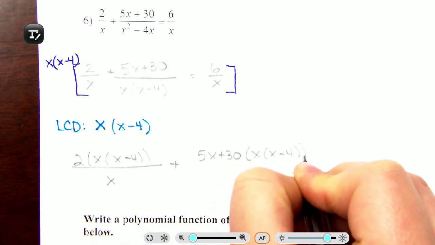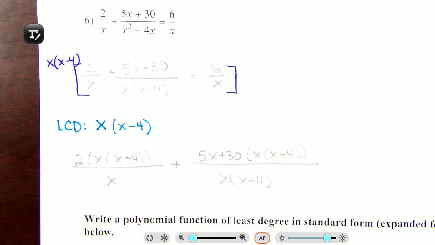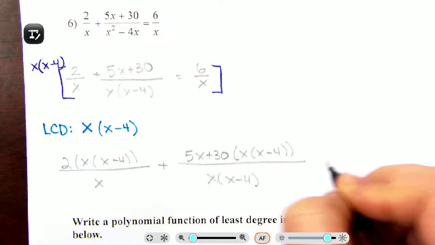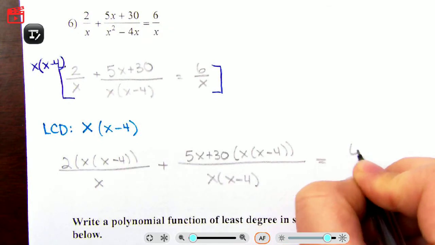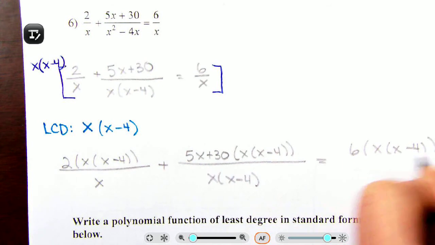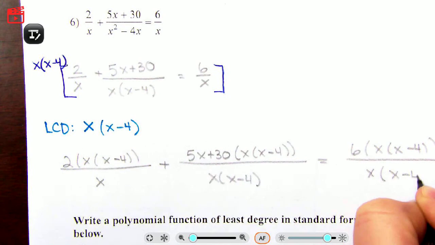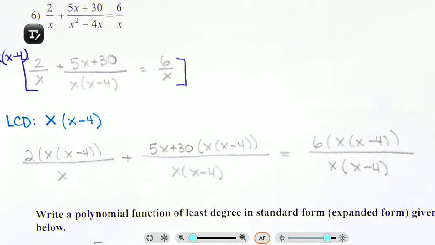Now you don't actually need to do this step. You can just do it in your head, but for the purpose of this video, I'm going to do this the long way. I'm multiplying every single term by my LCD. Using the wrong acronym. Okay, so here it is.